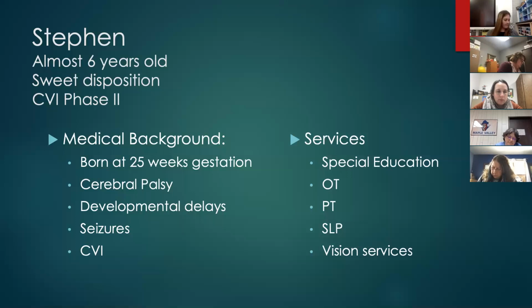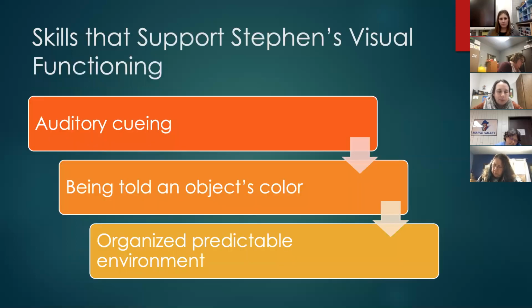So Stephen is right now receiving services for special education. He also is getting OT, PT, speech language, and vision services. What we know about Stephen is that 3 main things really help support his visual functioning.